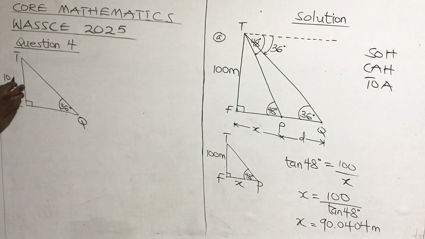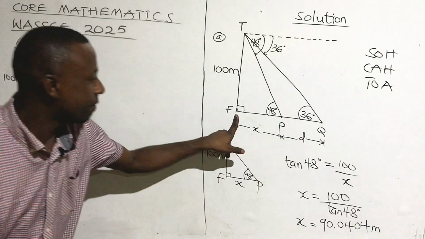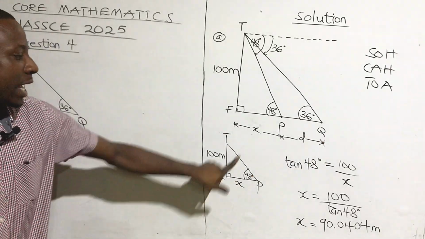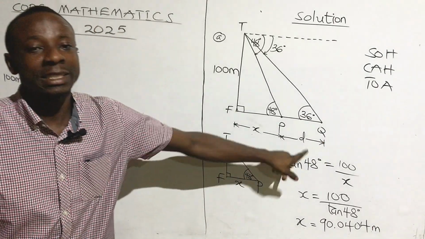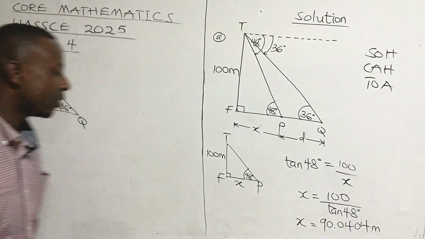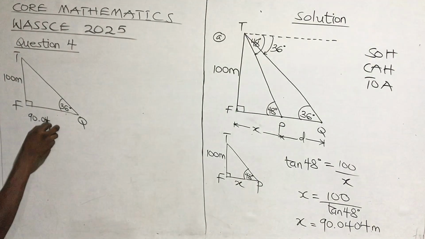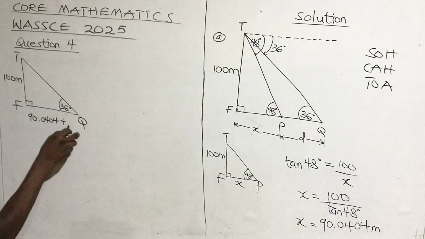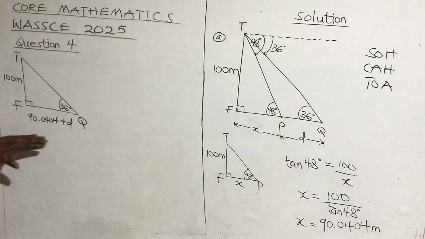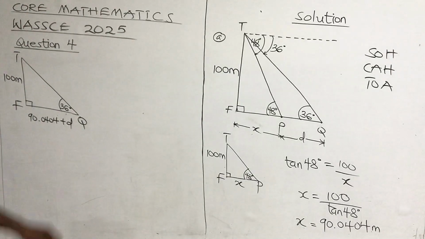Then we have this side to be 100 meters. Then from F to Q is going to be x plus d, but we have the value of x to be 90.0404 plus d, and this will be the base of this particular right-angled triangle.